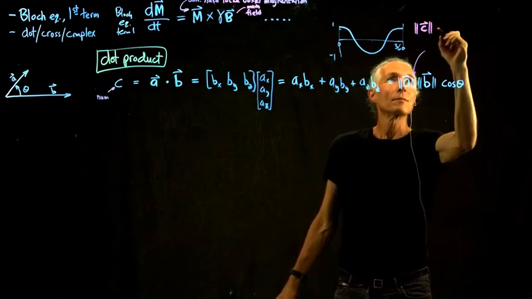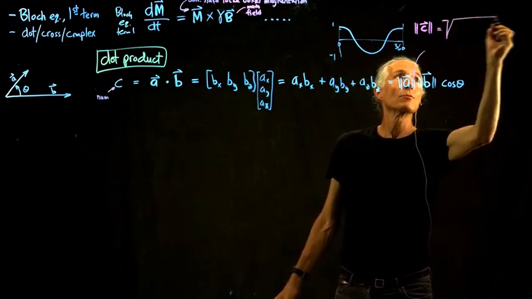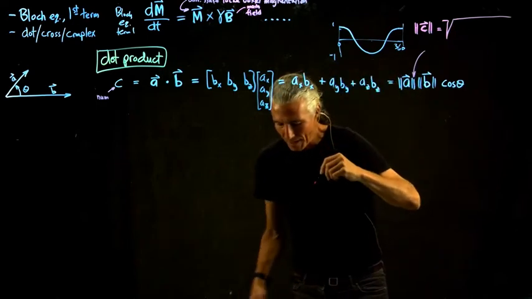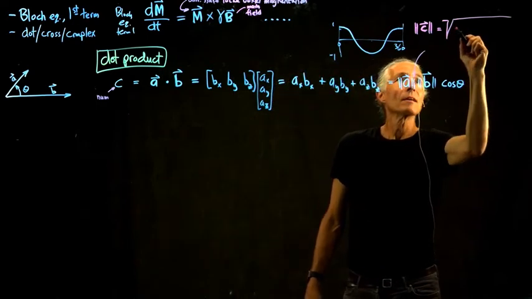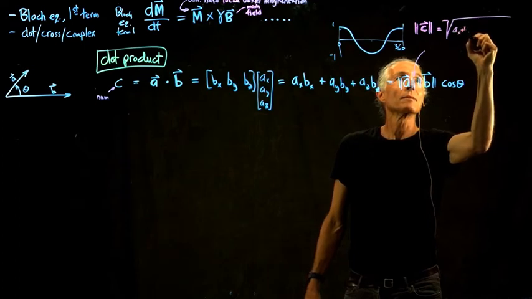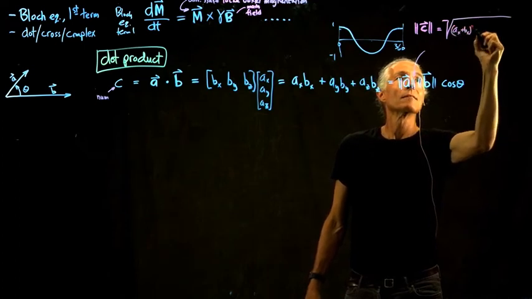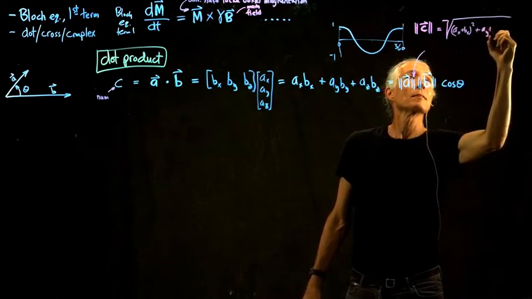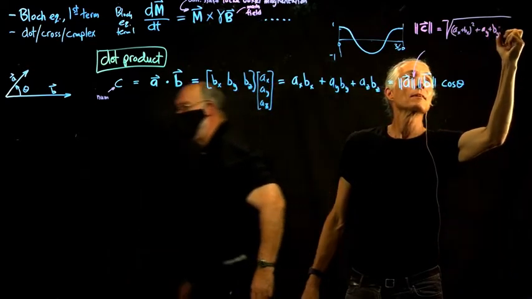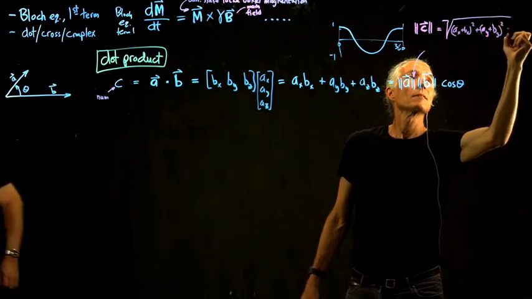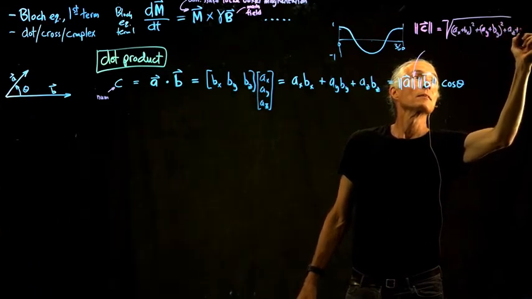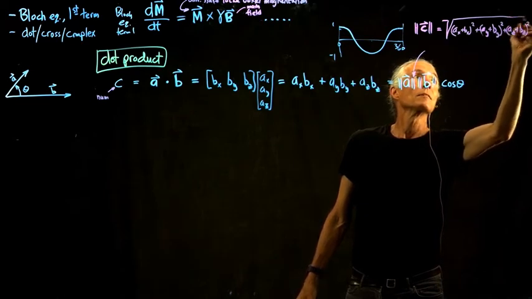Basically it's the square root of the (ax plus bx) squared plus (ay plus by) squared plus (az plus bz) squared.